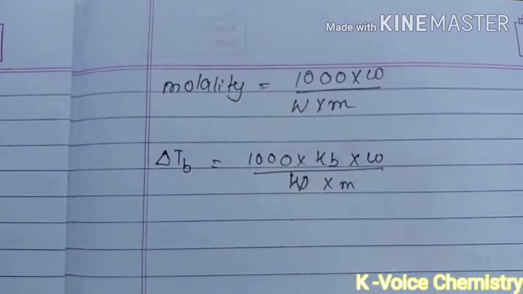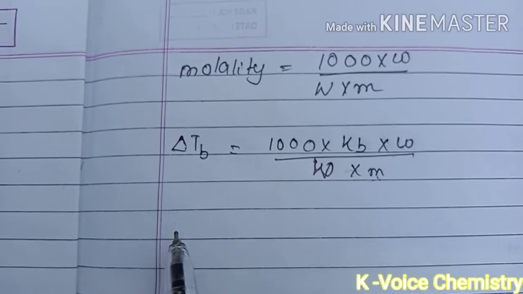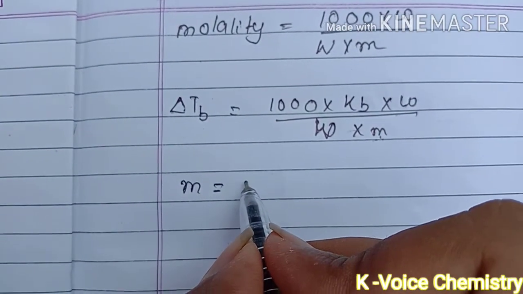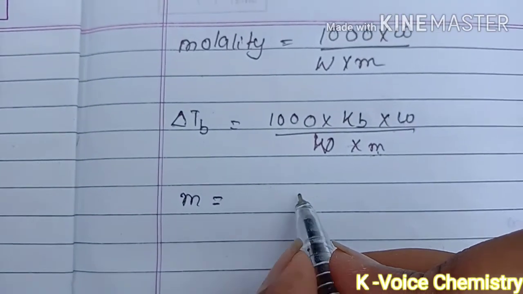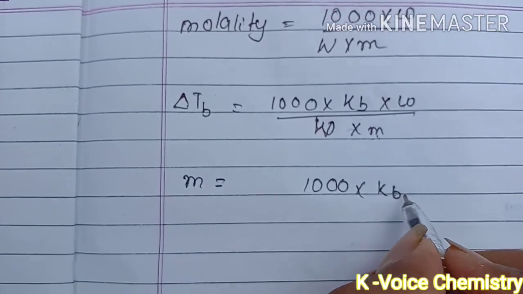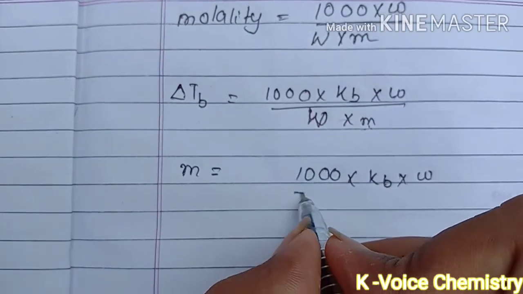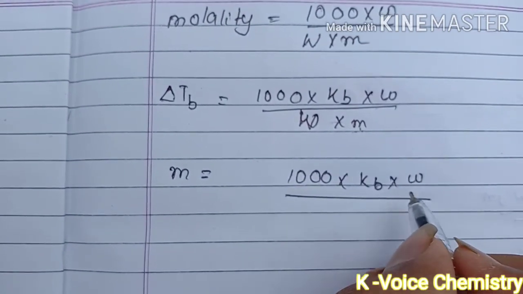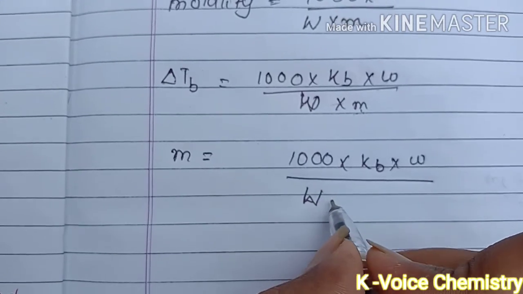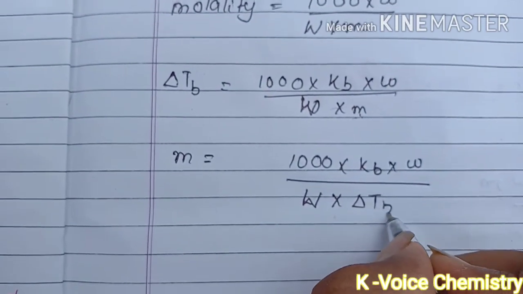Now I hope that it is clear. We will transfer this m from this side to this side. So m, the molecular mass of the solute, will be equal to 1000 into Kb, the ebullioscopic constant, into the weight of the solute in grams divided by the weight of the solvent into the elevation in the boiling point.